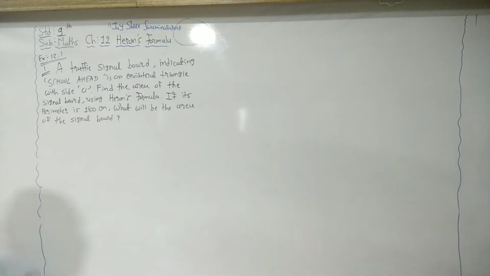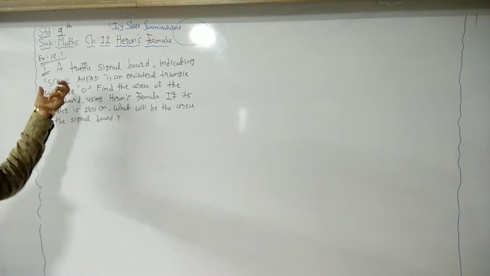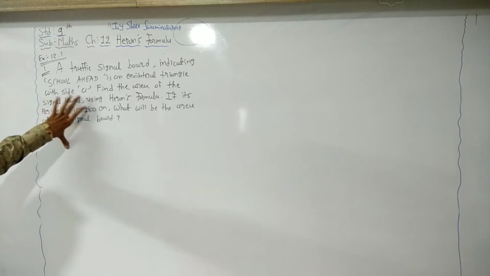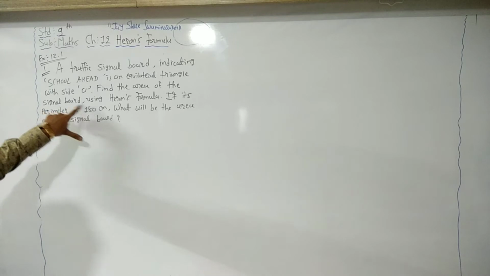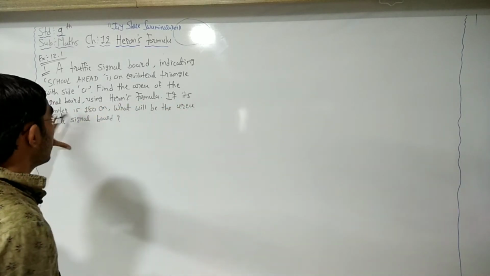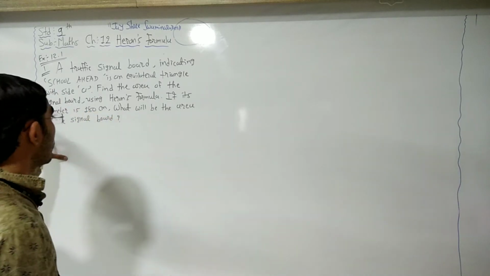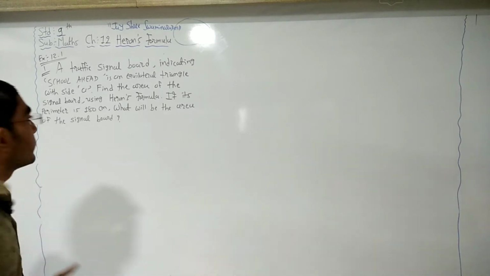Here in question number 1, a traffic signal board indicating school ahead is an equilateral triangle with sides a.